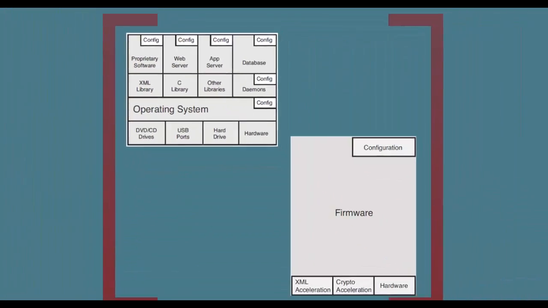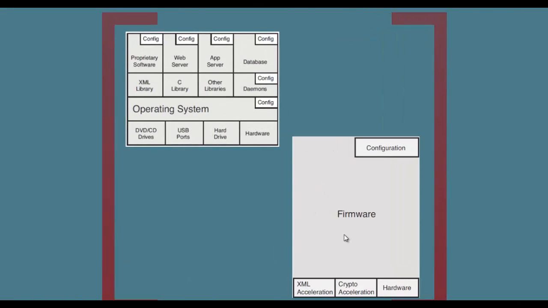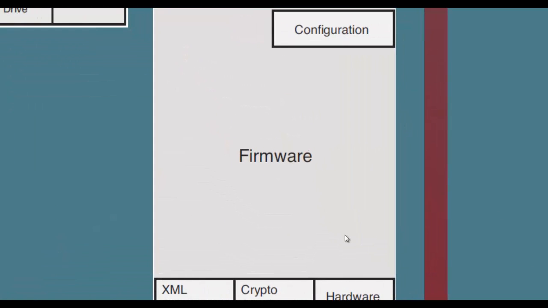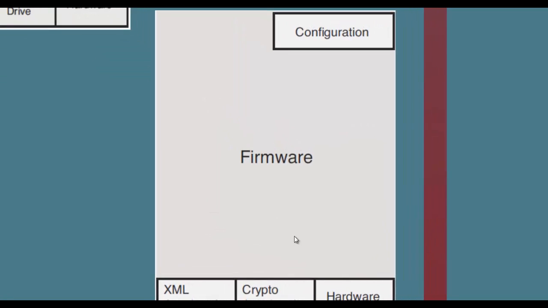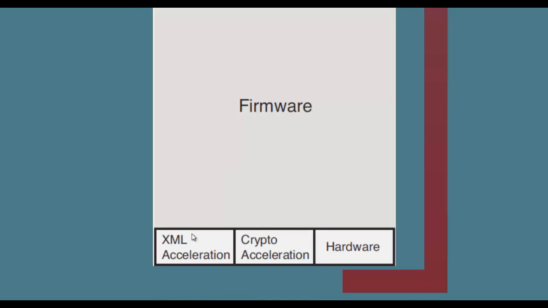Compared to that, if you look at DataPower, it's an appliance, so it has hardware with XML acceleration. It has basic hardware, and apart from that it has a couple of components like an XML acceleration engine, a crypto acceleration engine, etc. On top of that, there is no third-party library.